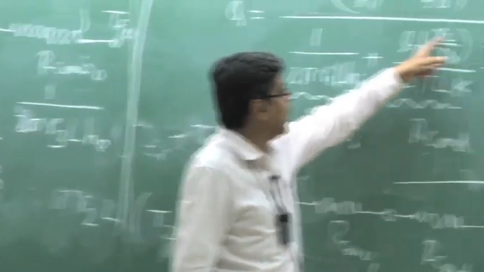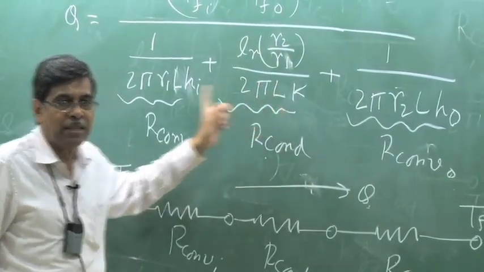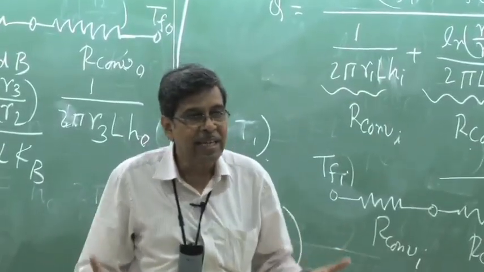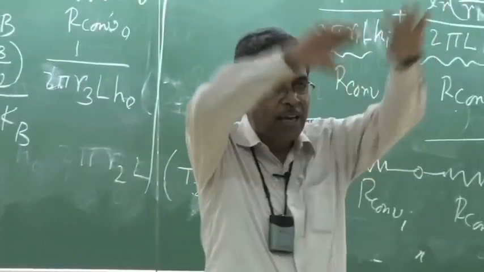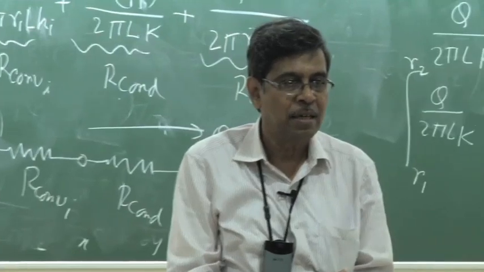We increase the outer radius, the conduction resistance increases, but the convection resistance decreases. This is because the surface area of heat transfer increases.